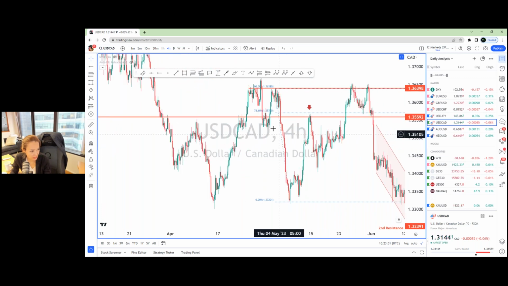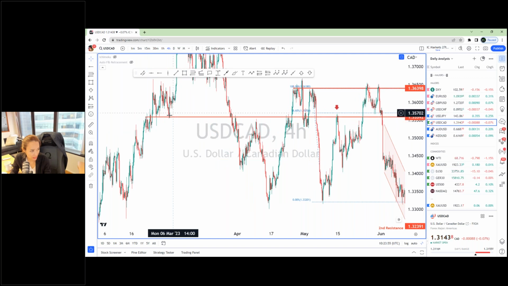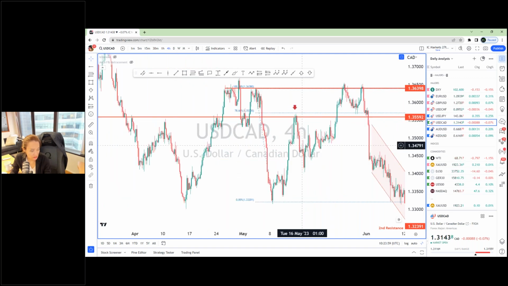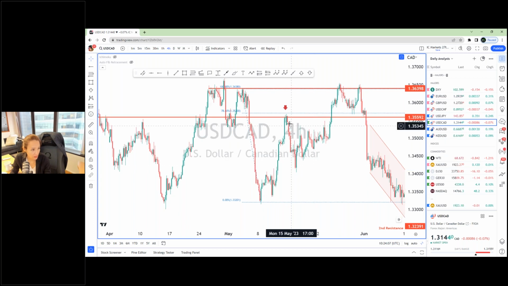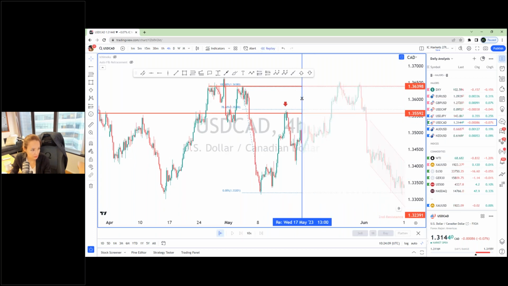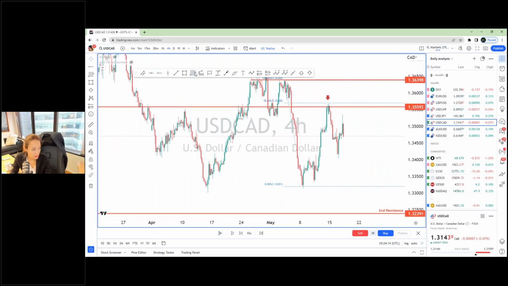Even though I don't really like this level, I like what happened: price reacted at this level in the past. This is why I get in at my resistance, price taps in and then goes all the way down here, and after that all the way down somewhere like this. Okay, my resistance is down, I can use my Fibo.